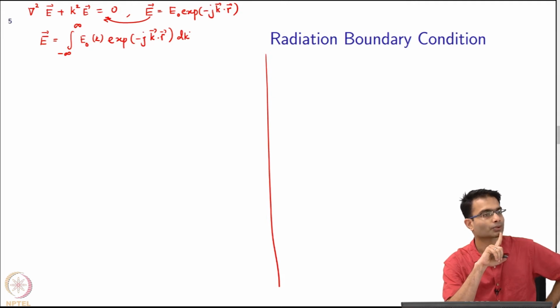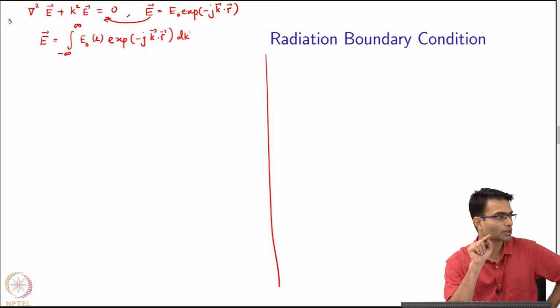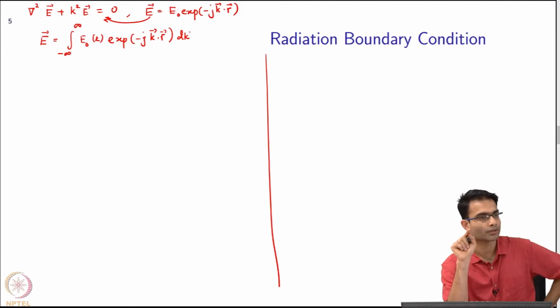What is the first term going to do? Del squared only acts on the spatial terms, and the spatial term is only e to the minus jkr.